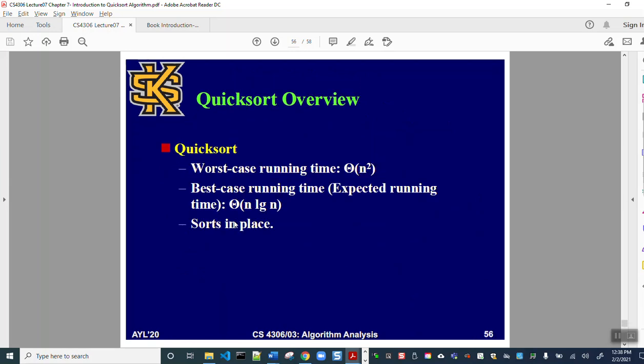As you know, quicksort is an in-place algorithm. The best case running time is n log n, but that is not always found, so we need to consider the worst case, which is big O n squared.